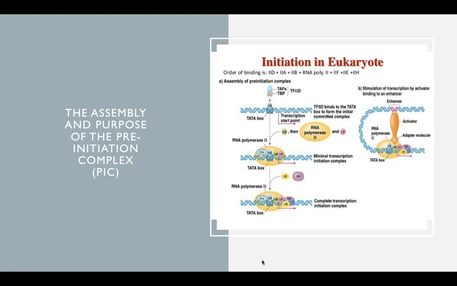Once RNA polymerase II is successfully transcribing, the PIC, or most of the GTFs, will dissociate from the promoter, recruit an unphosphorylated RNA polymerase II to a promoter, and assist transcription initiation again. So this is all shown right here in this process.